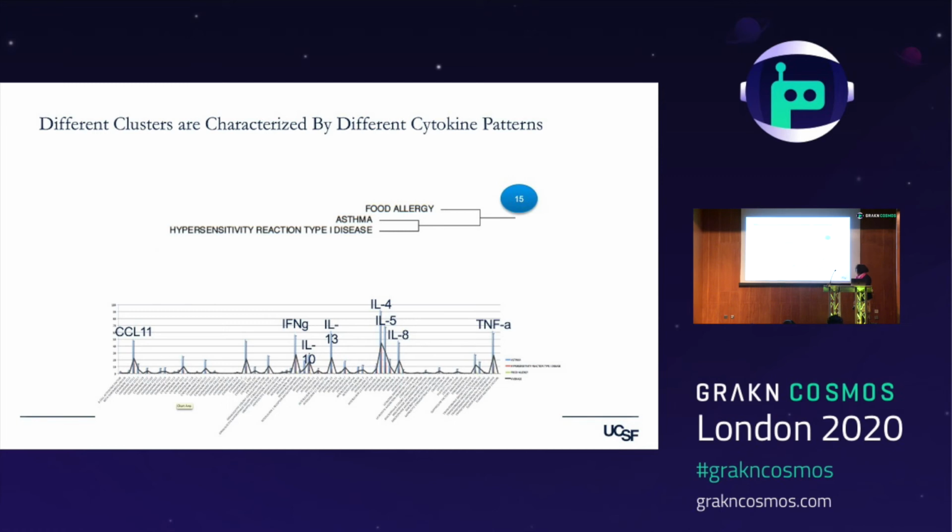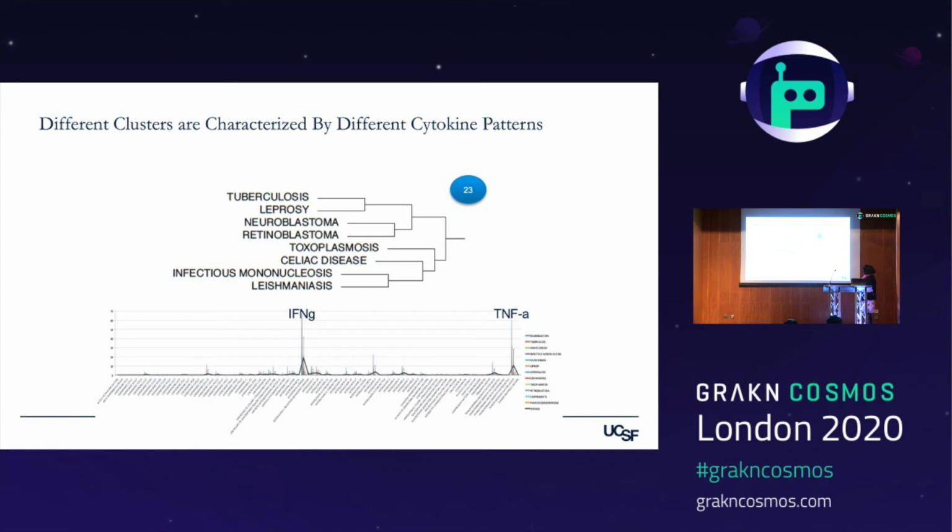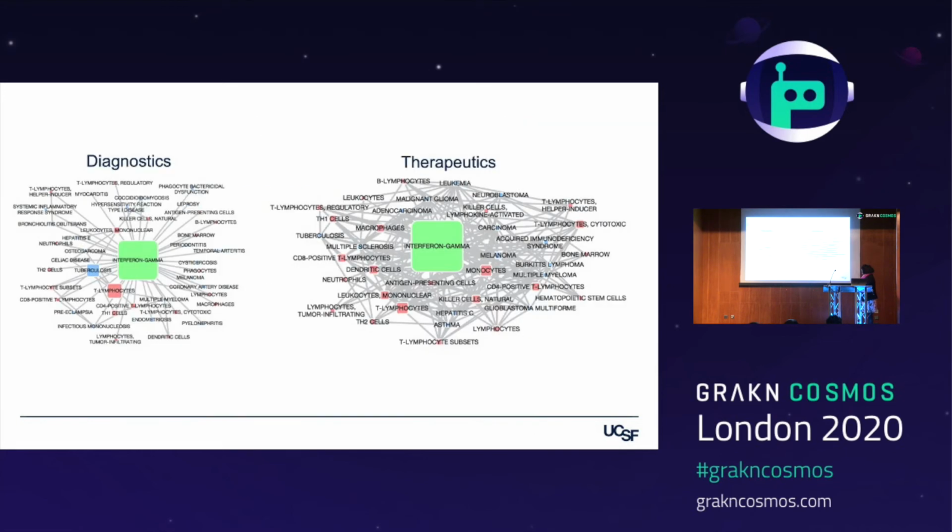There's another one where we were able to pull out food allergy, asthma, hypersensitivity reaction, type 1 disease, and the co-occurrence would be the cytokines. And again, a little bit more, we looked at all these groups of diseases associated with interferon gamma and TNF-alpha. We also asked about the diagnostics and therapeutics.